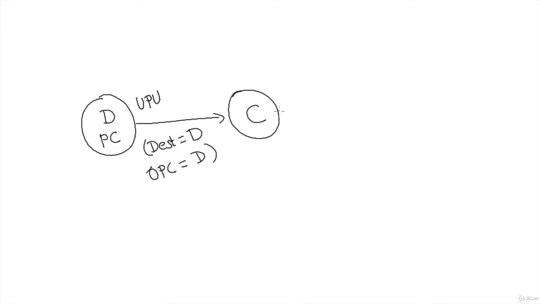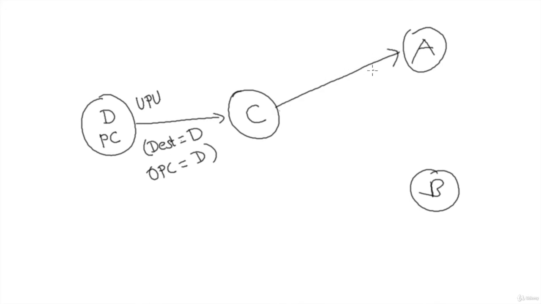Now it comes to C, and C wants to convey this message to other point codes also, let's say A and B. So C will send this message to B. In the UPU, the destination, that is the failed point code, is actually D, but the MTP3 routing label will contain the point code of C. Similarly here also.